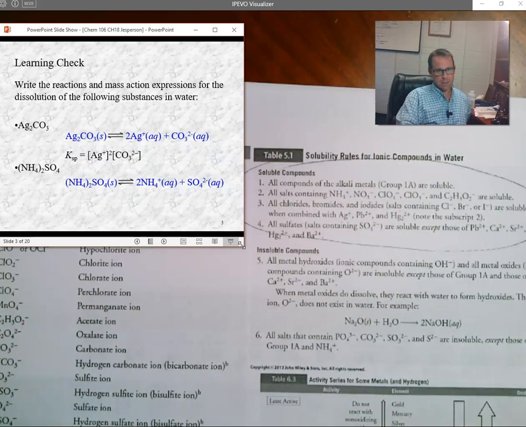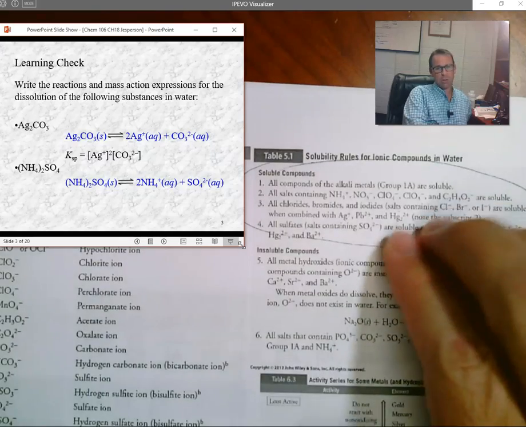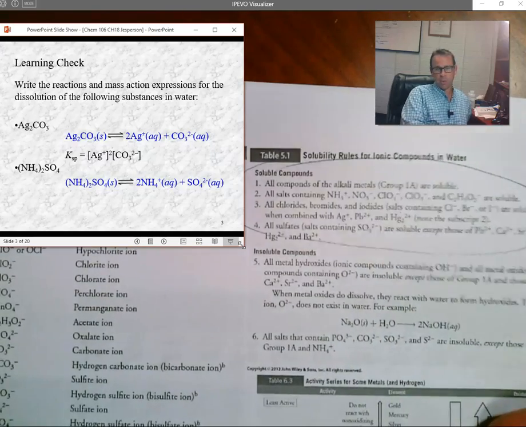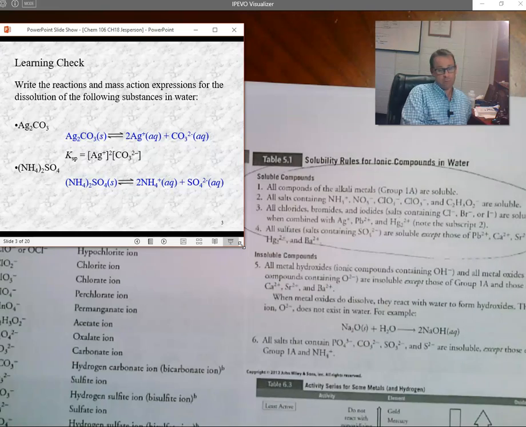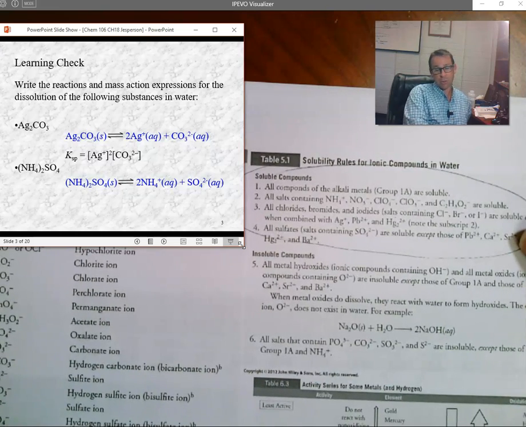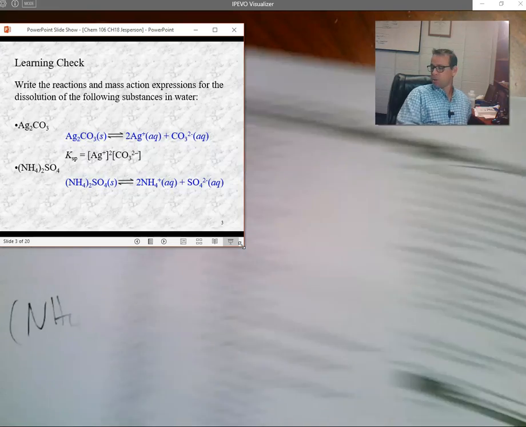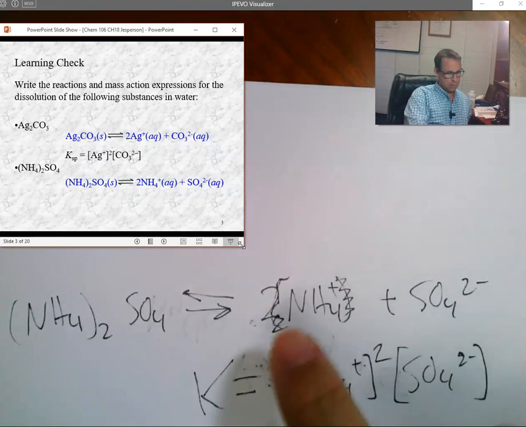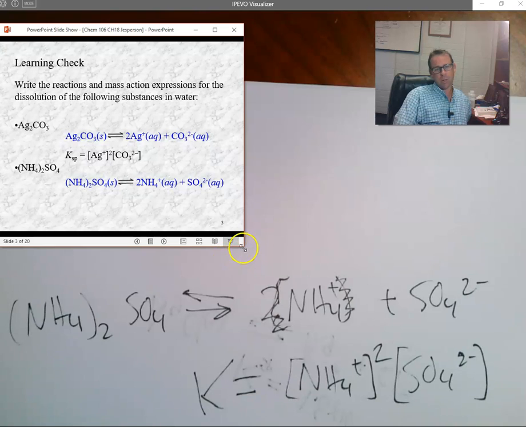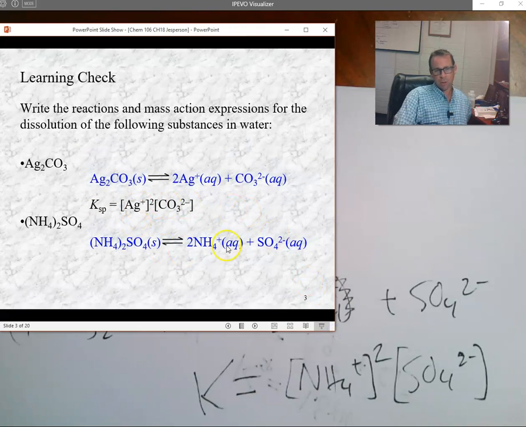Just because it says it's soluble up here, even for something that's completely soluble, like sodium chloride, there will always be a solubility limit. So a solubility equilibrium expression could always be significant, even if it has a high solubility.